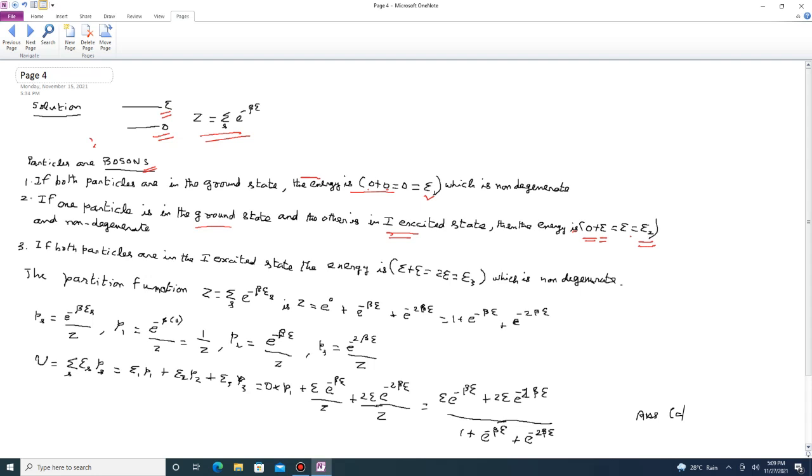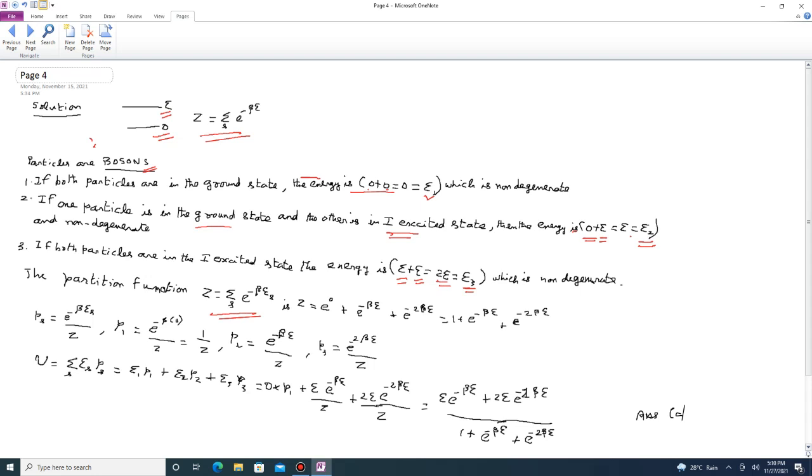Similarly, it is also possible that both particles are in the first excited state. The first particle has energy E and the second particle has energy E, so the total energy is 2E, which is E3, also non-degenerate. So all the cases are non-degenerate, but the energies are E1, E2 and E3. Now let us evaluate the partition function, summation over s of e power minus beta E_s.